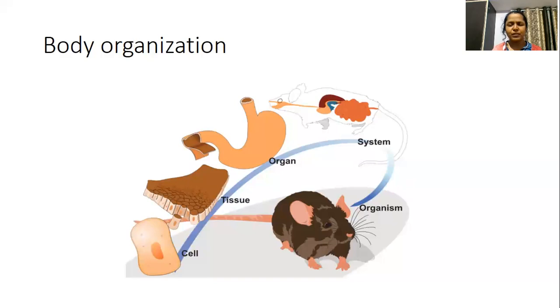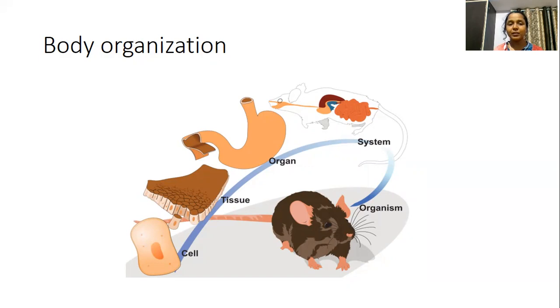And body organization plays a very important role because protozoans, being the first animals, are very simple and got adapted to simple environmental conditions. But when we look into the higher hierarchies of the animal kingdom, they get complex, and those animals have to adapt to higher or complex environmental conditions.